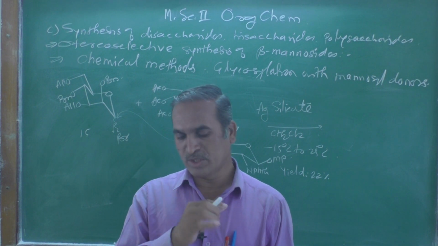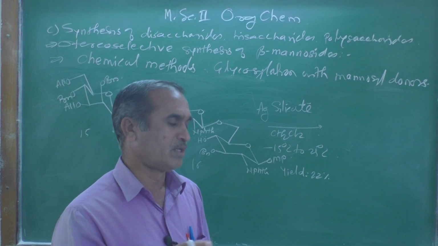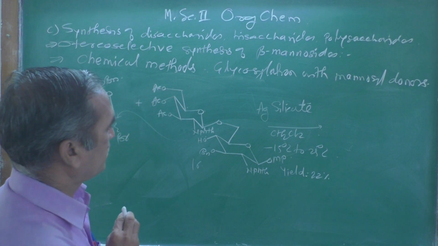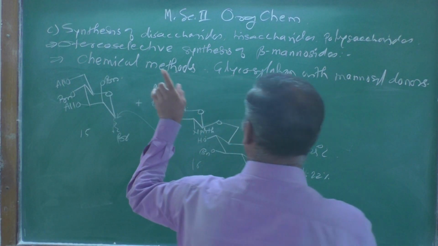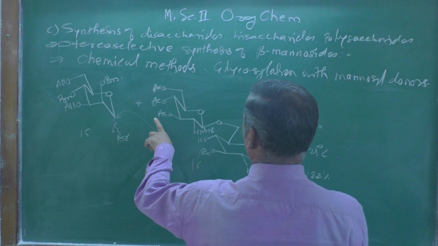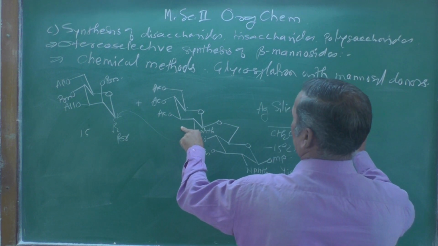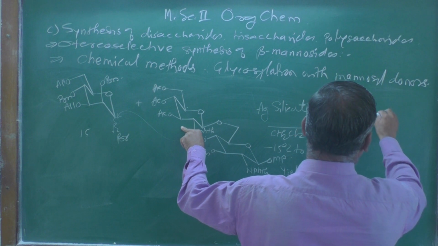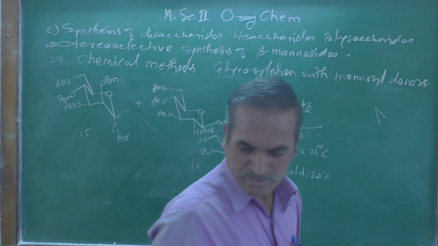And as we know, bulkier groups prefer to stay at the equatorial position, other things remaining as they are. So you can draw the structure here as it is. So this structure we can show here.